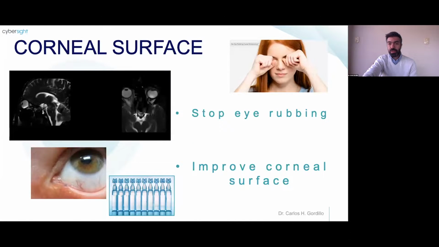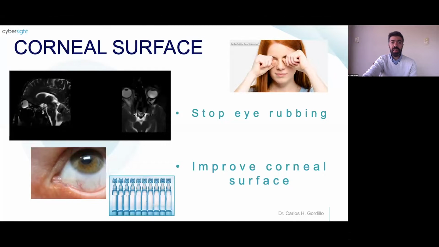What I was saying before, the corneal surface is really important. Different inflammatory processes have been described because of eye rubbing. There are videos on YouTube about how eye rubbing can affect the cornea and the whole globe. So it's very important to understand that in all stages you need to treat the corneal surface.